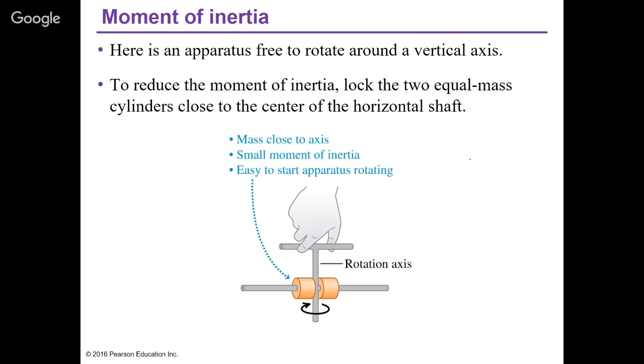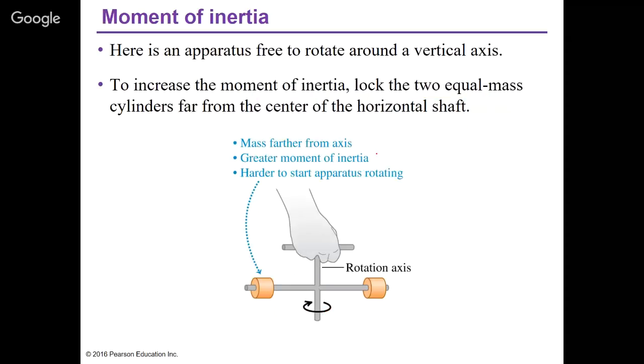Okay, so let's do a little thought experiment. Here's an apparatus that's free to rotate around the vertical axis, and here we want to reduce the moment of inertia, so we move the two equal-mass cylinders very close to the center of the horizontal shaft and lock them. With the mass close to the axis, you get a smaller moment of inertia, and it's easy to start the apparatus rotating.